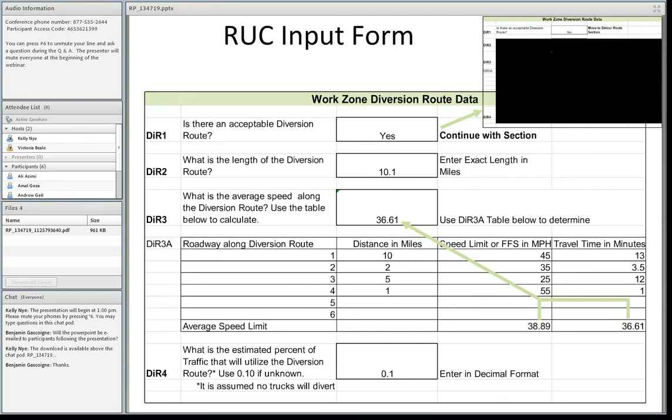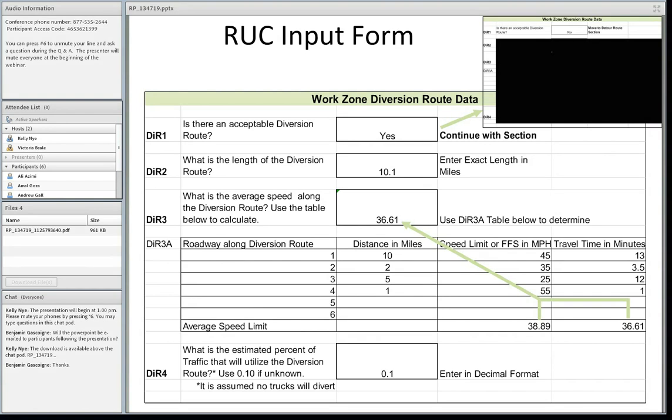But the number that will be pulled into question DIR3, diversion route question 3, will be the minimum travel time that is shown in either the speed limit or the travel time box at the bottom. So it's going to pull the smallest number there, which would then be the worst case scenario. And then the last question is, what's the estimated percentage of traffic that will utilize the diversion route? We've got a base of 0.1 if you have absolutely no idea.